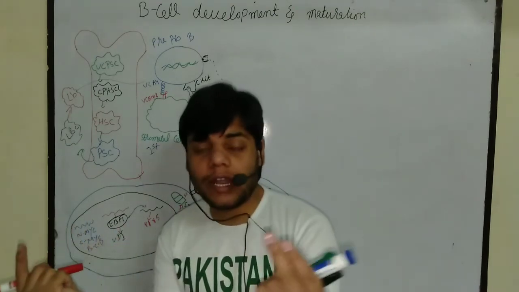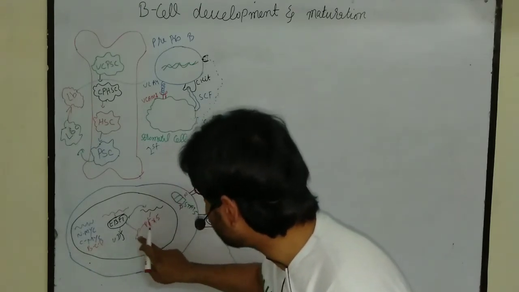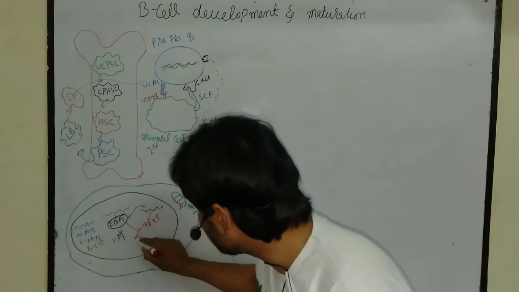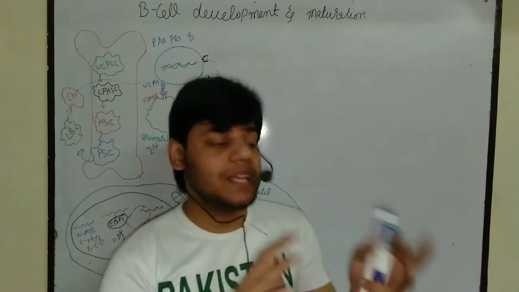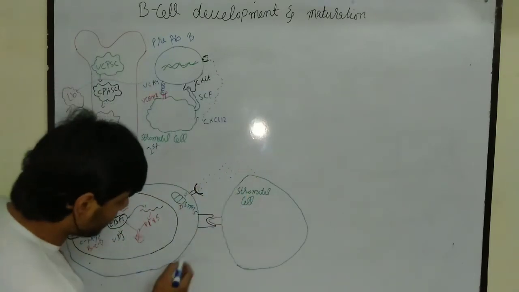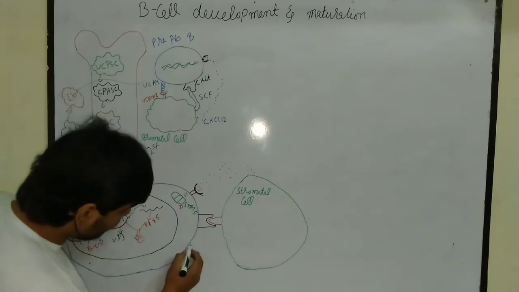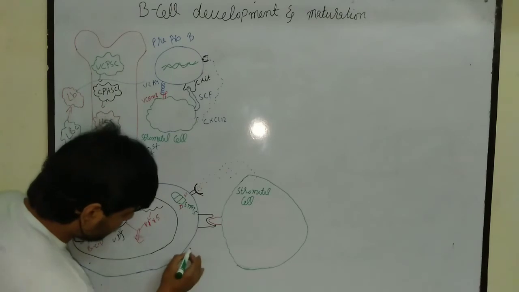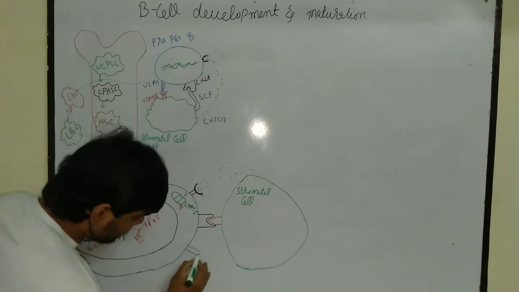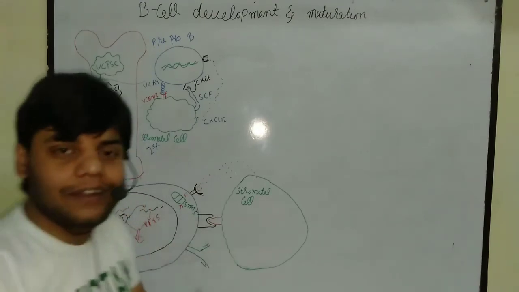Both this EBF1 and PAX5 will combinedly make the VDJ, meaning they will combinedly make the B cell receptor on the surface, as you can see. So finally we get the B cell receptor, which is nothing but just like the antibody.